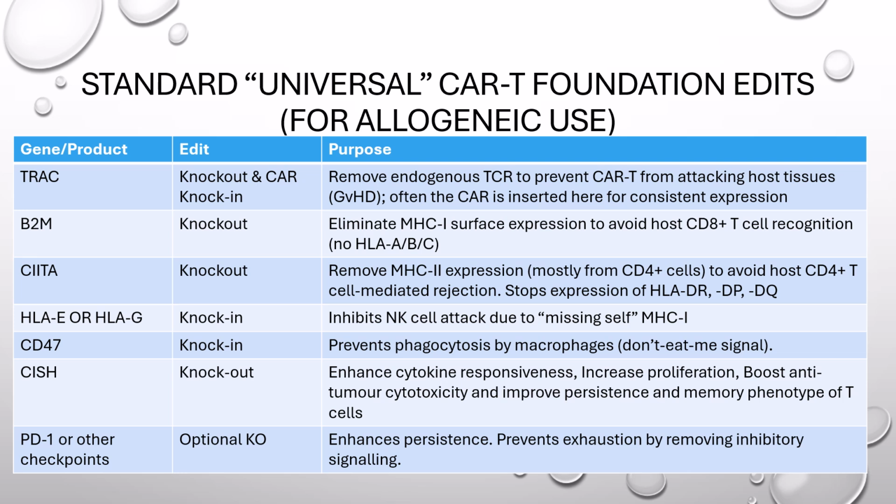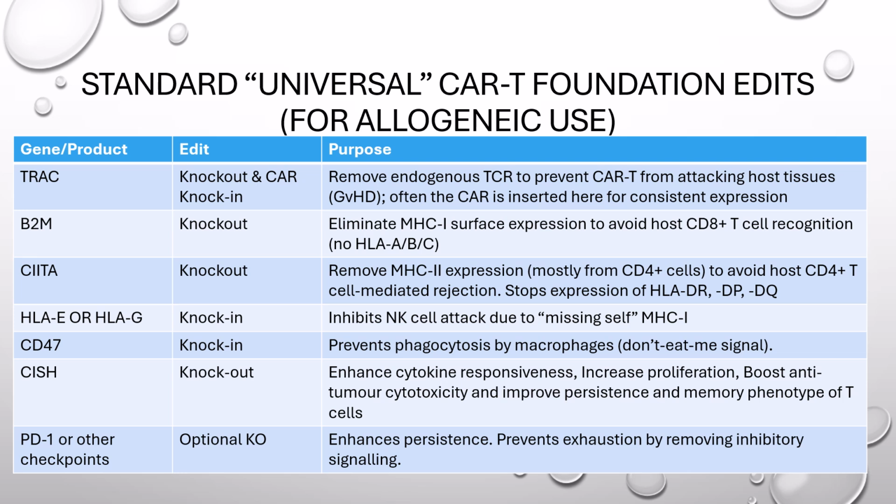It acts like a brake. So when you knock it out, you can enhance your cytokine responsiveness, you can increase proliferation, and you can boost this anti-tumor cytotoxicity. Again, in my case studies, I don't know that they have knocked this out, but this is just included for the sake of completion.